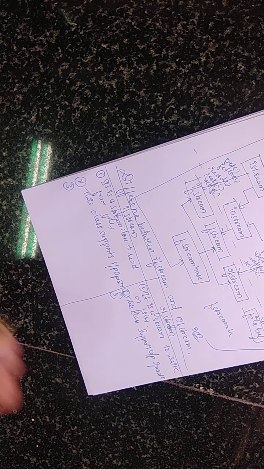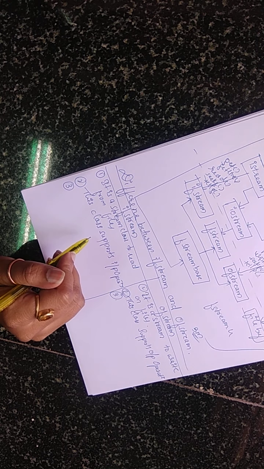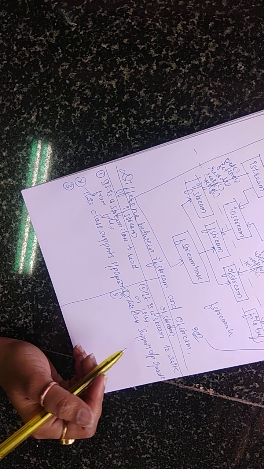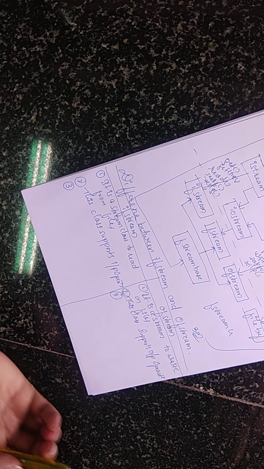Similarly, in ofstream also we have the open function, but it will open for output mode. So ifstream opens a file for input mode, and ofstream opens a file for output mode.